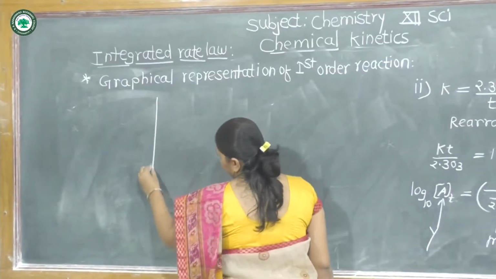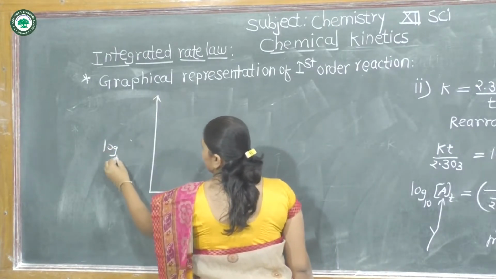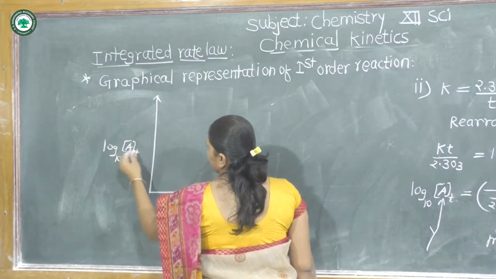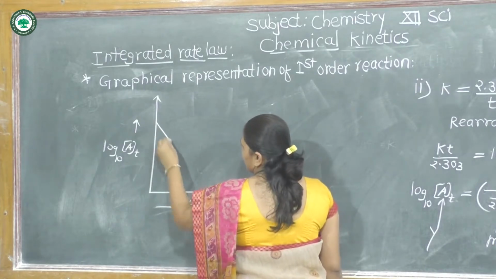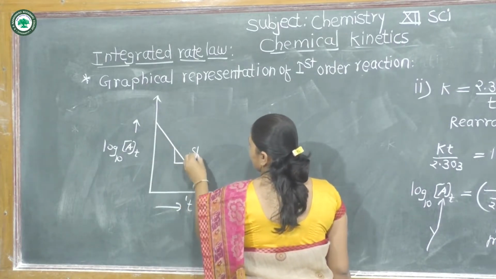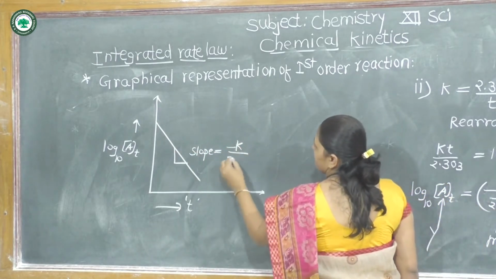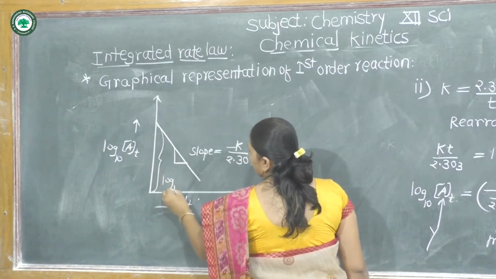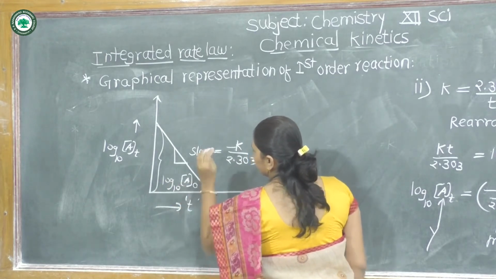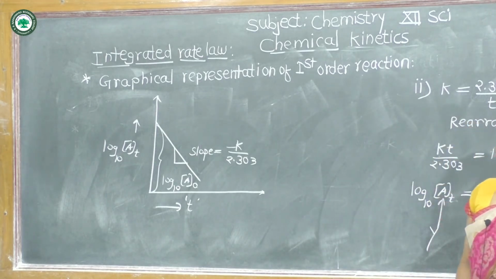By plotting log to the base 10 At versus time, the slope is equal to minus k upon 2.303 and the intercept is log to the base 10 A0. This is the integrated rate law for first order reaction.